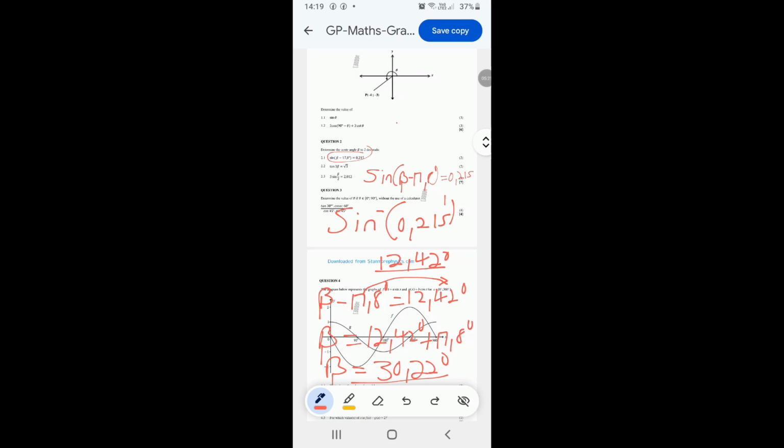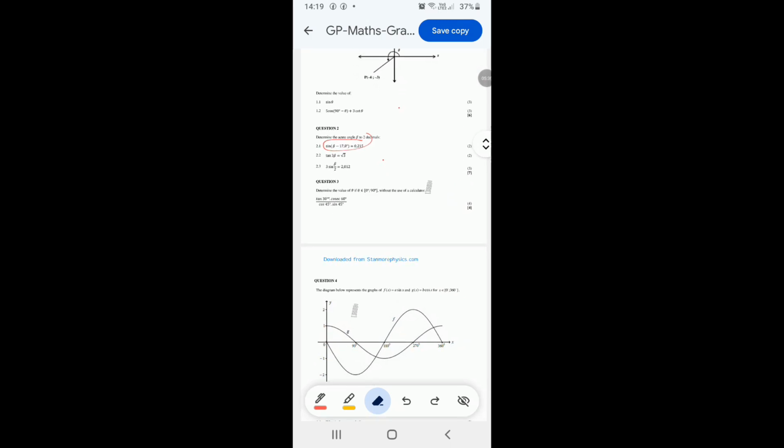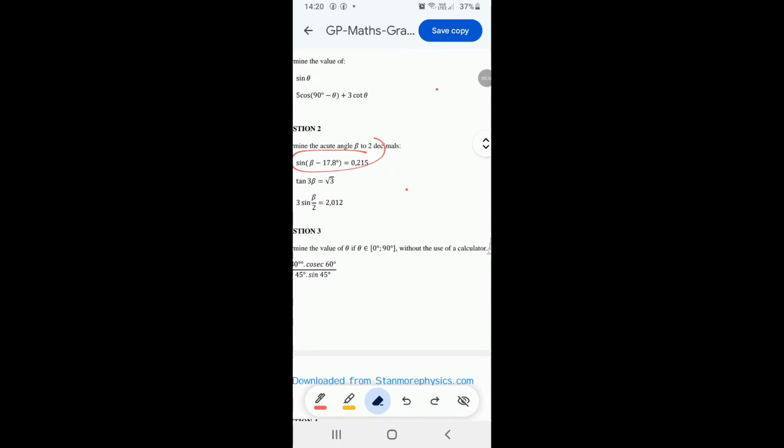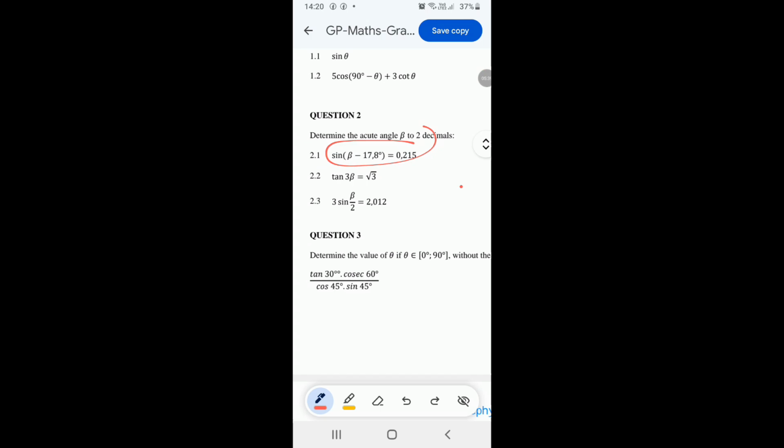Let's go to 2.3. What do we have here? Let me zoom. We have a sine and a 3.